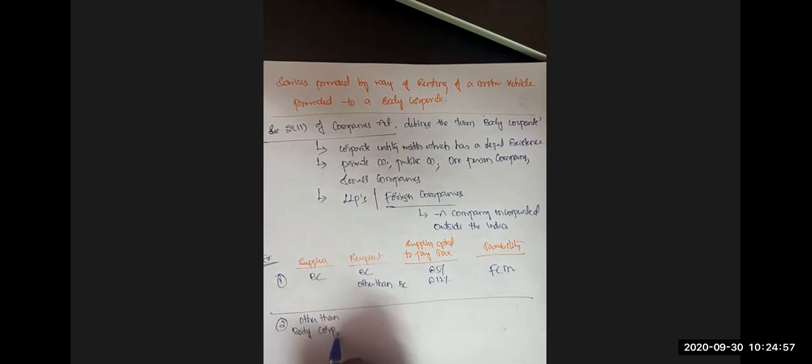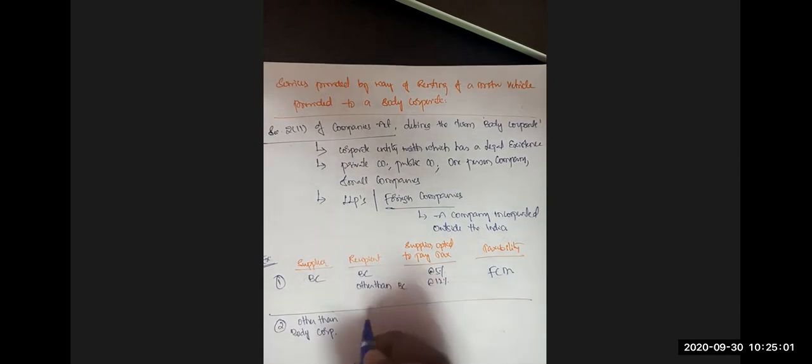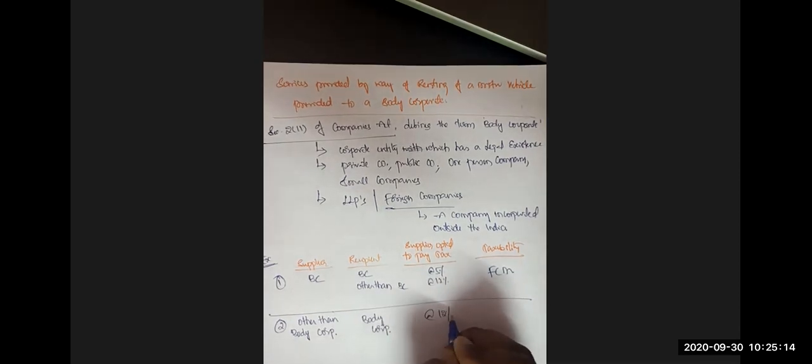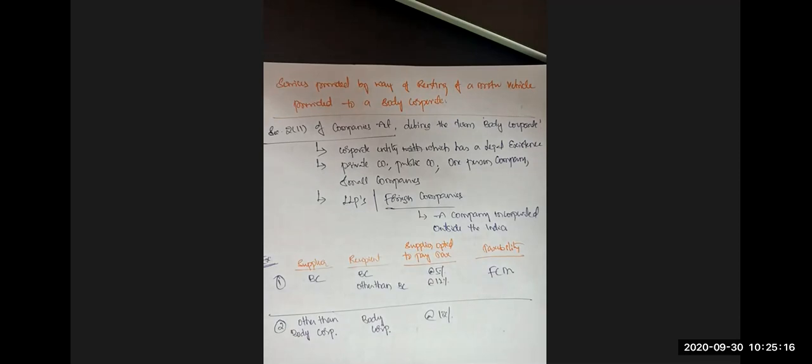Second case: supplier other than body corporate, and recipient is a body corporate. Here, if the supplier chooses to pay the tax at the rate of 12%, then is it forward charge mechanism or reverse charge mechanism?